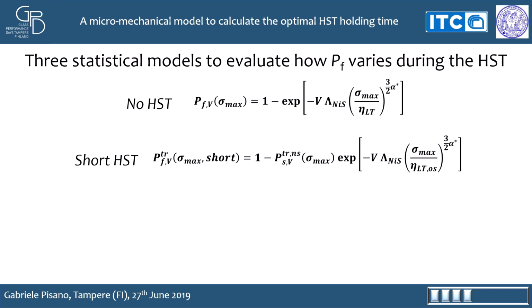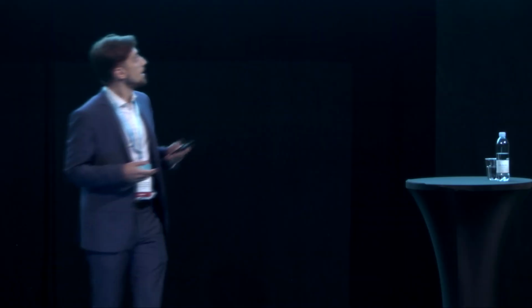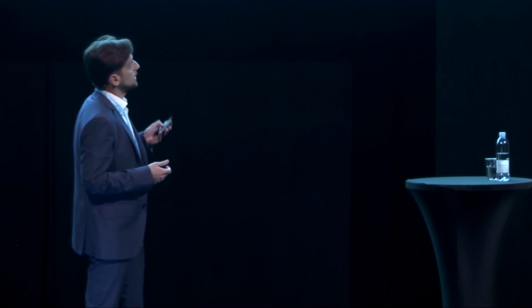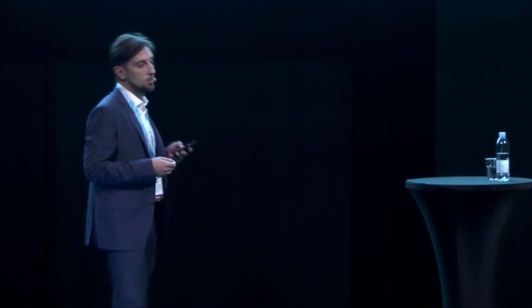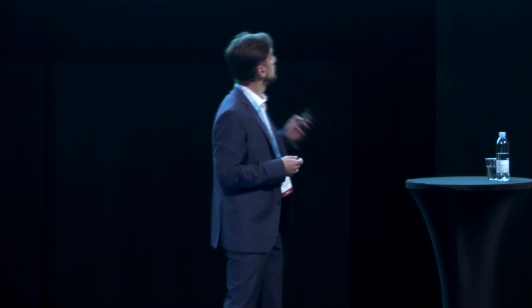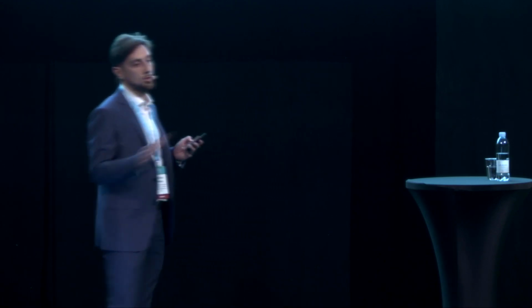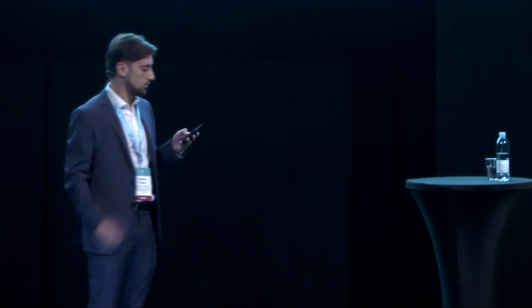This is not equal to 1, because a fully transformed inclusion might not lead to failure during the heat-soak test, but during the lifetime because of the subcritical crack growth of interior cracks. While the exponential term refers to the over-stoichiometric distribution, which is not truncated because for short heat-soak tests, they are not in contact with glass.